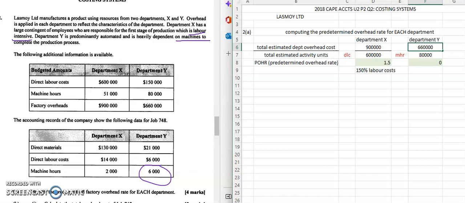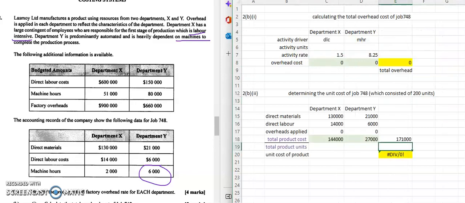So again, this should give us the rate for Department Y. And we see it's 8.25, which is that each machine hour is $8.25, right? So per machine hour. Okay, good. So that answers A. So let's move to B.